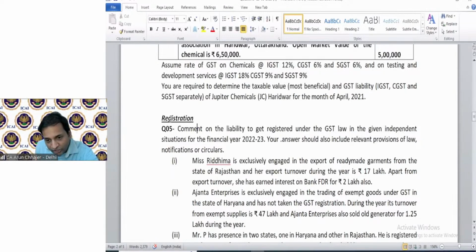Her export turnover during the year is 17 lakh. Apart from the export turnover, she has earned the interest on FDR 2 lakh. Now give me the answer. Also, along with answer, give me the reason, and I will make some permutation combination for this question also.